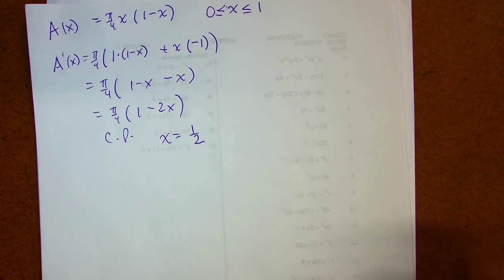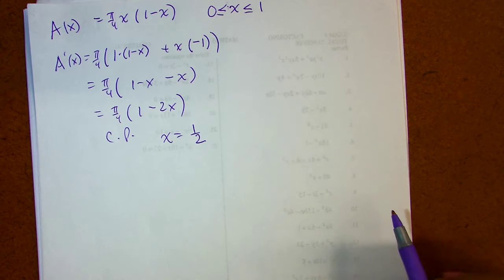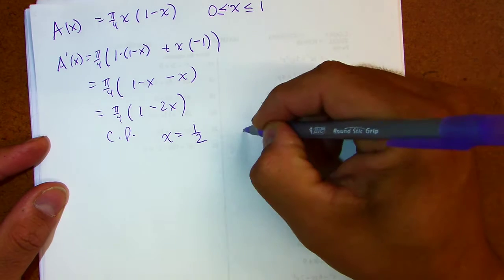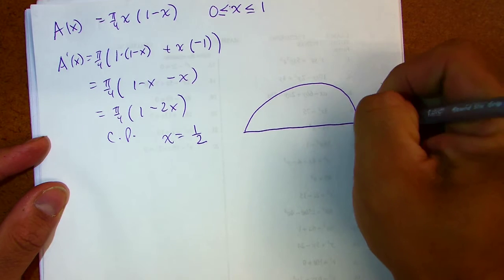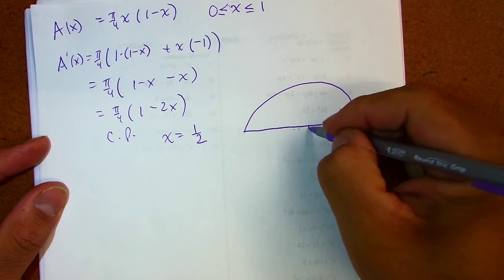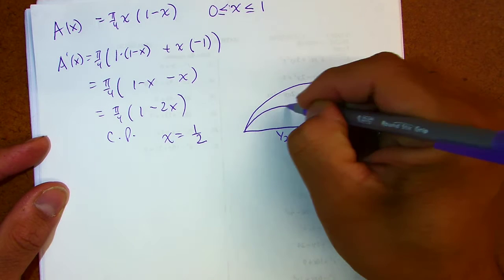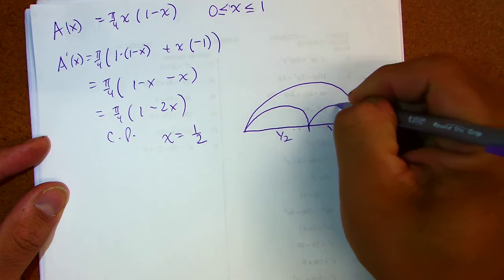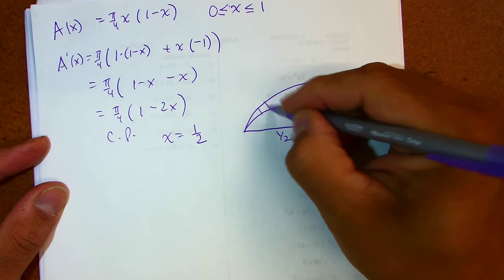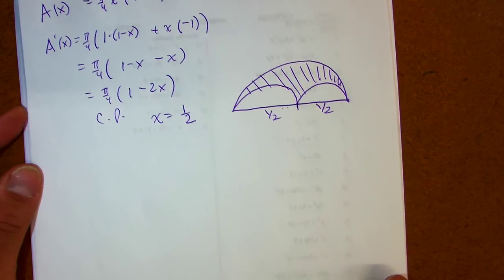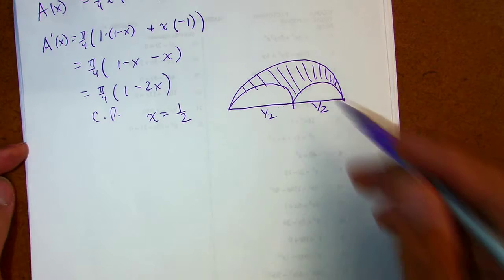All right. Now, what does that mean? That means that in terms of my arbelos, in order to maximize the area, I should have a 1/2 by 1/2 tangent semicircles here. When that occurs, we get a maximum shaded area.